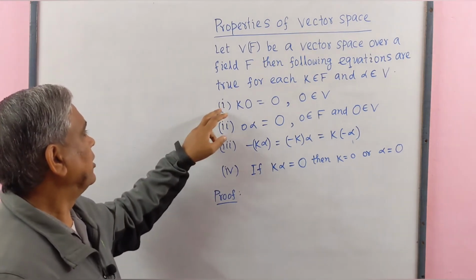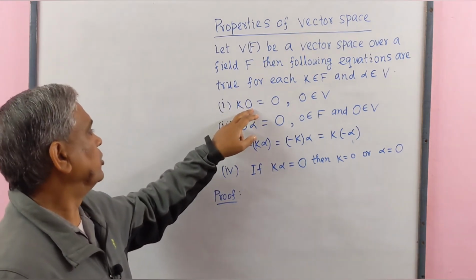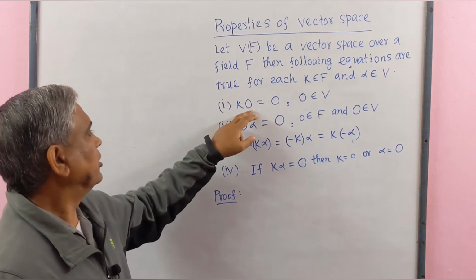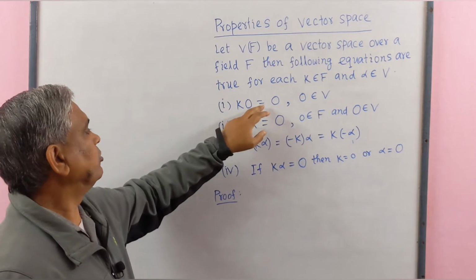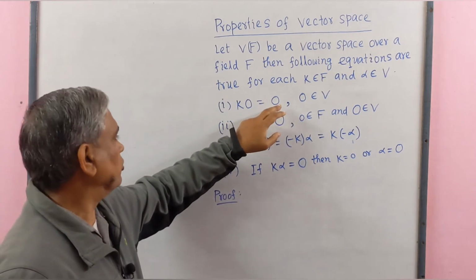Number 1: k0, this 0 is the 0 element of V, equals 0.